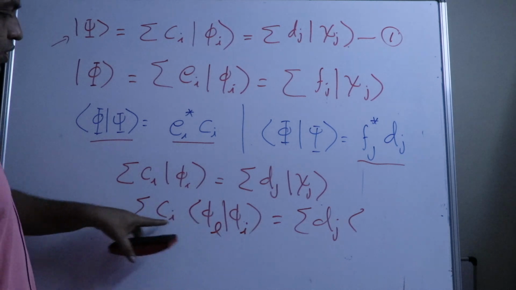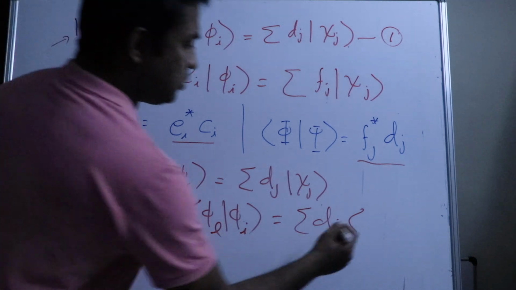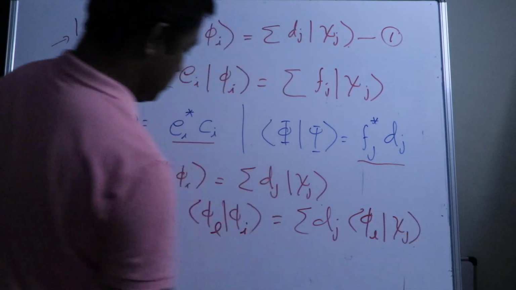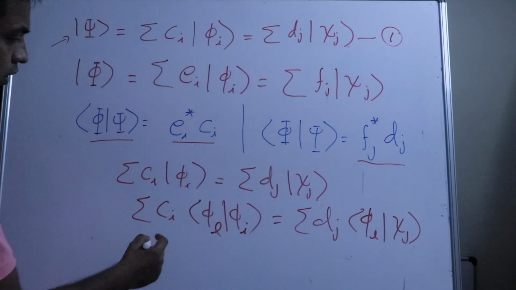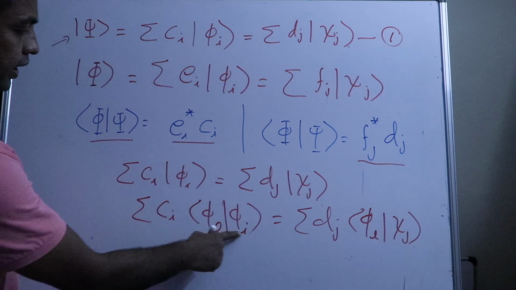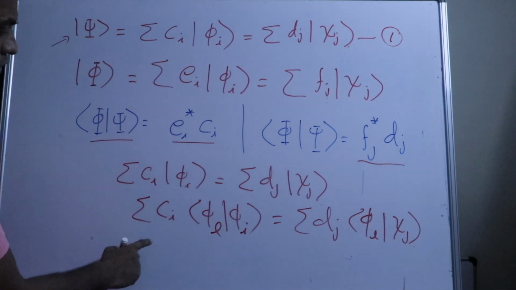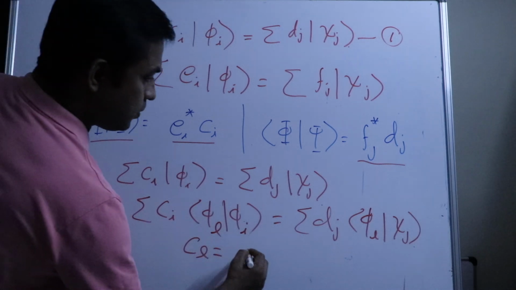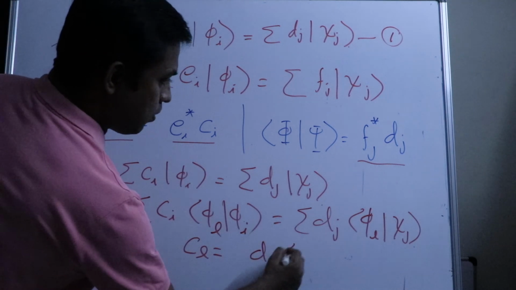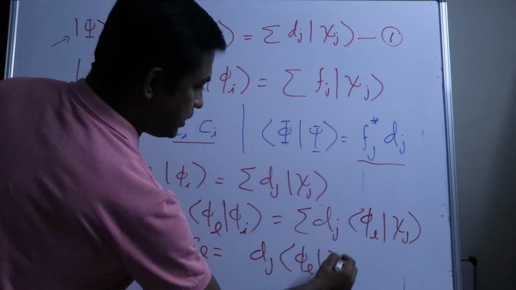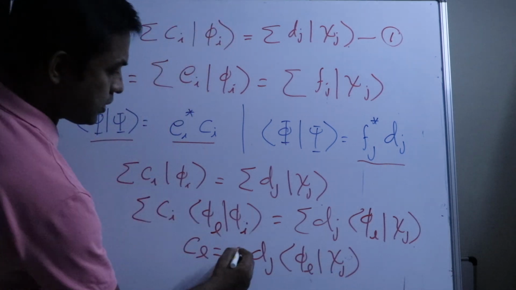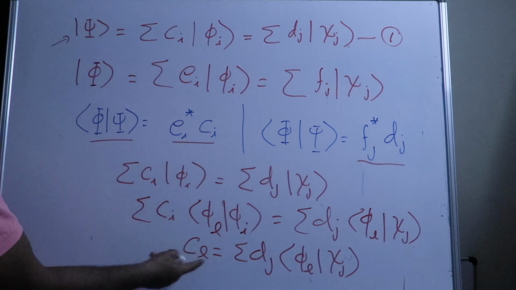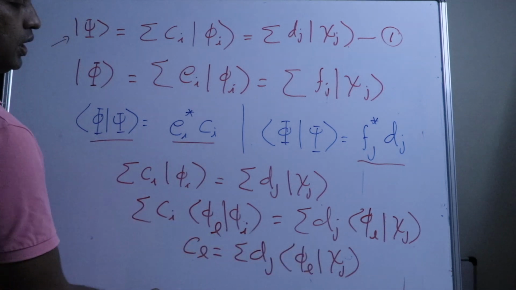I multiply with the bra phi l on the left-hand side, so here also phi l chi j. Here what you get is Ci delta il, so that will become Cl. So Cl is equal to summation Dj phi l chi j. So we now have Cl, or Ci, in terms of Dj.